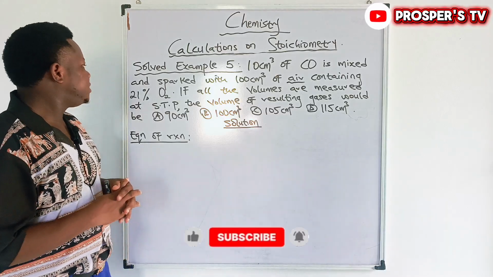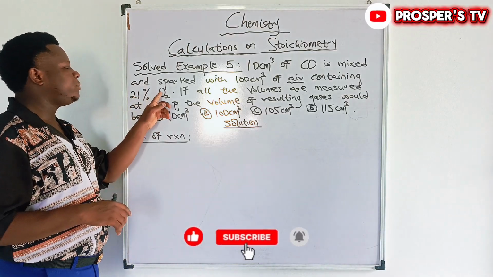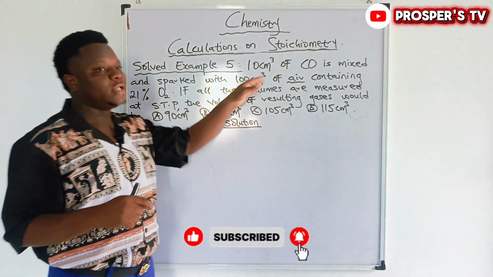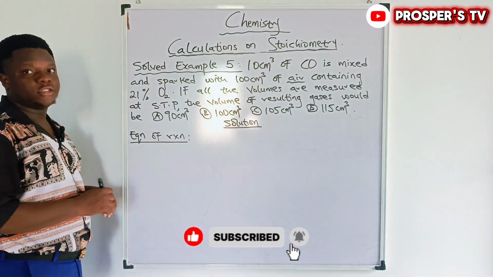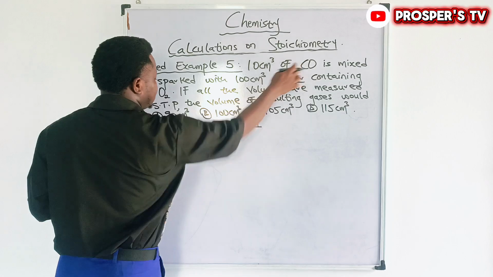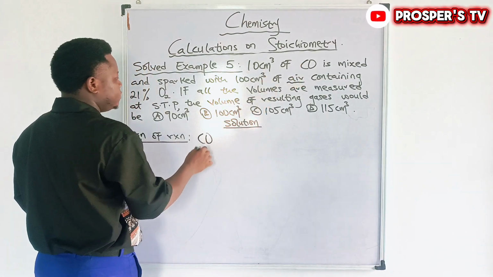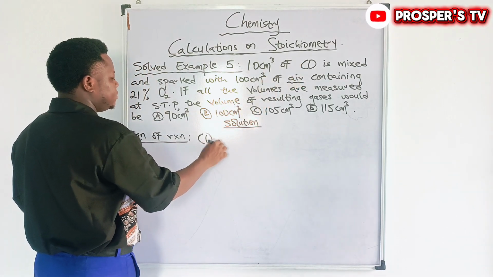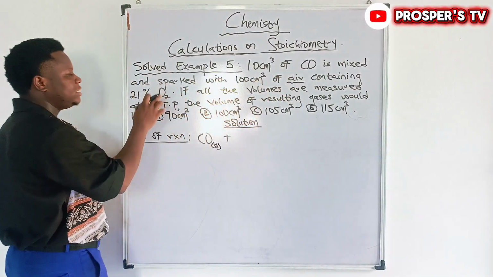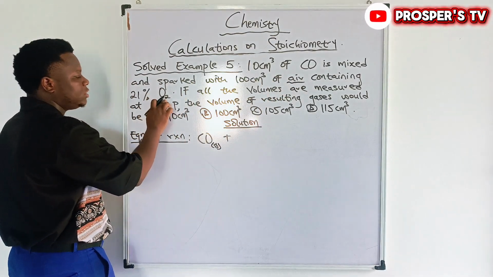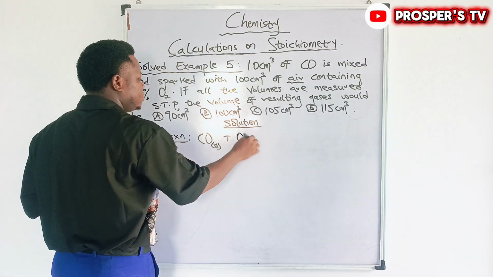So what do you do firstly? We need to calculate the volume of oxygen that is actually inside this 100 centimeter cube. But before then, let's write our equation of reaction. We are reacting carbon monoxide gas with air. But the component in the air that it reacts with is just oxygen. So you say plus O2 gas.